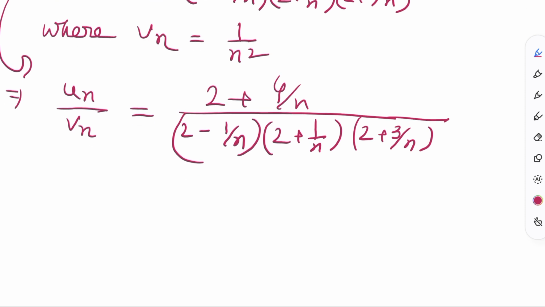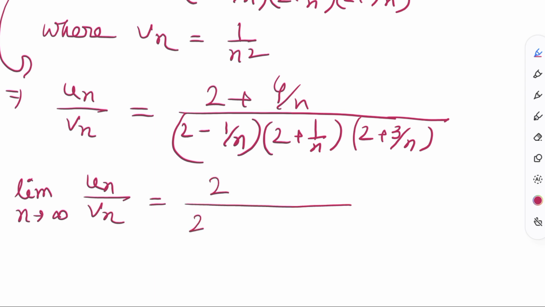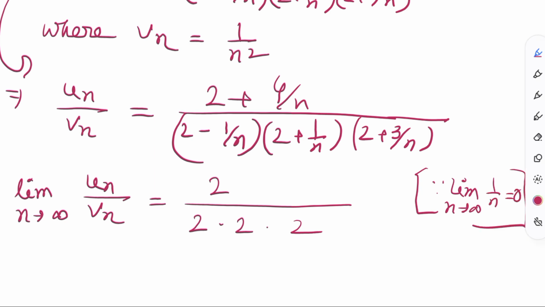Now find the limit of this value. Then limit n tends to infinity un by vn will be what? 2 by 2 into 2 into 2. Why? Because the limit of 1 by n is 0 when n tends to infinity. That's why the limit n tends to infinity un by vn becomes this.